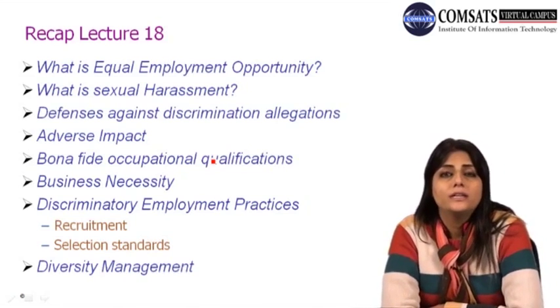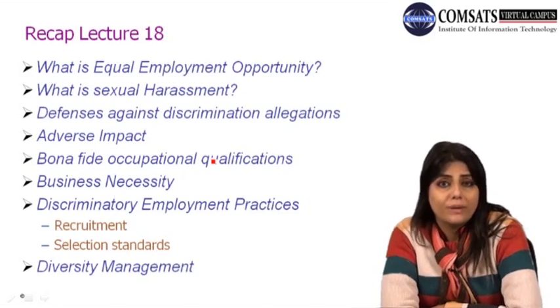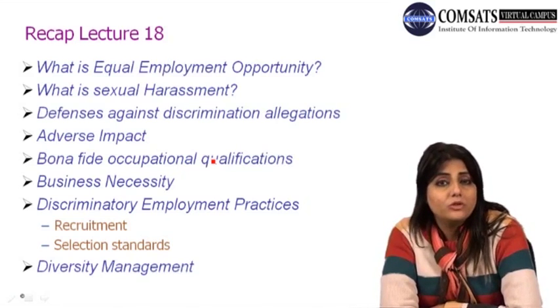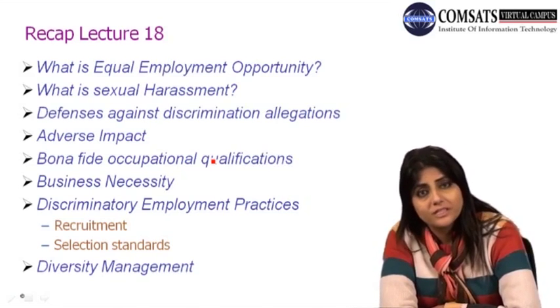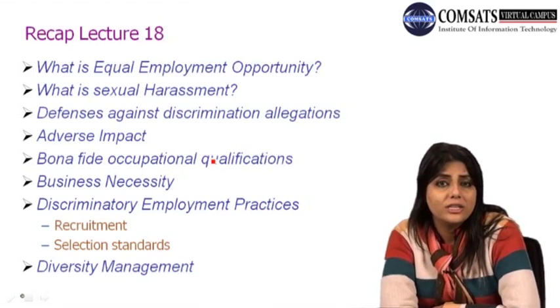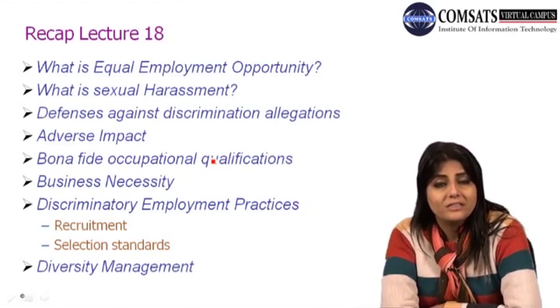And we saw that it can be through disparate rejection rates, right? It can be calculated by comparing the percentages between the two groups, the protected class and the other class which has been hired, to see what the rejection rates are in the two classes. If the protected class is rejected at a higher rate than the other classes, then there can be some proof of discriminatory practices being used.